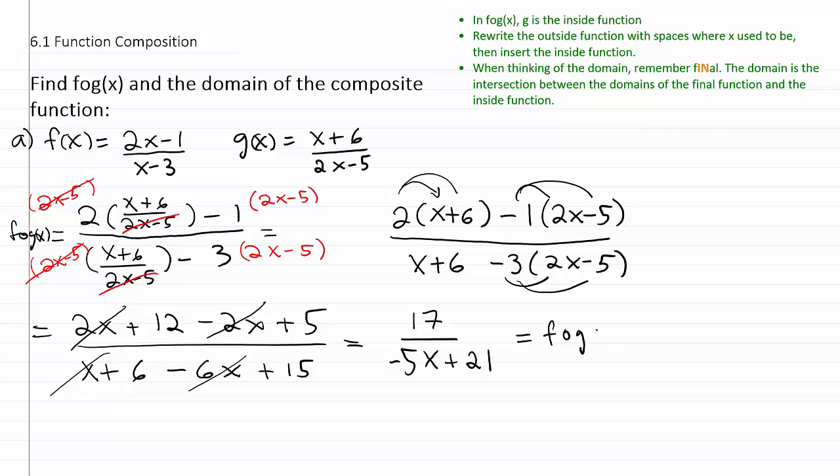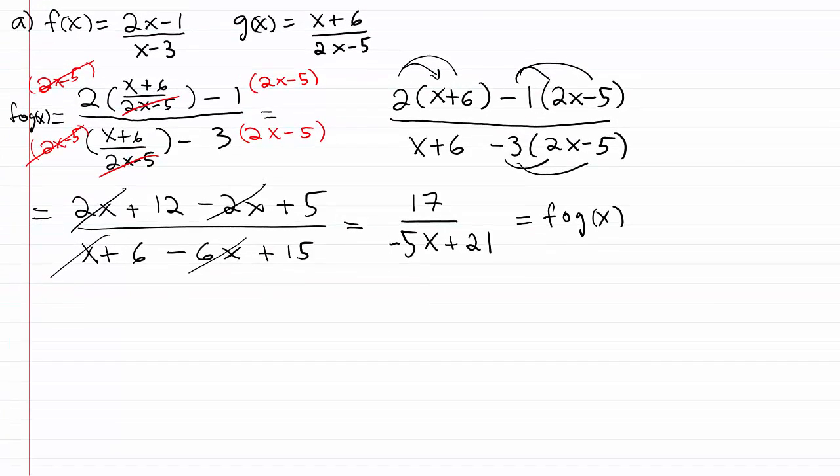And then the only thing we're left to do in this video or this problem is to actually say what the domain is. So remember, when you're thinking about the domain, you want to think about the final function and then the function that went inside, right? So the final function is a fraction, so we need to be worried about a 0 in the denominator, so we need to make sure that negative 5x plus 21 is not equal to 0, right?